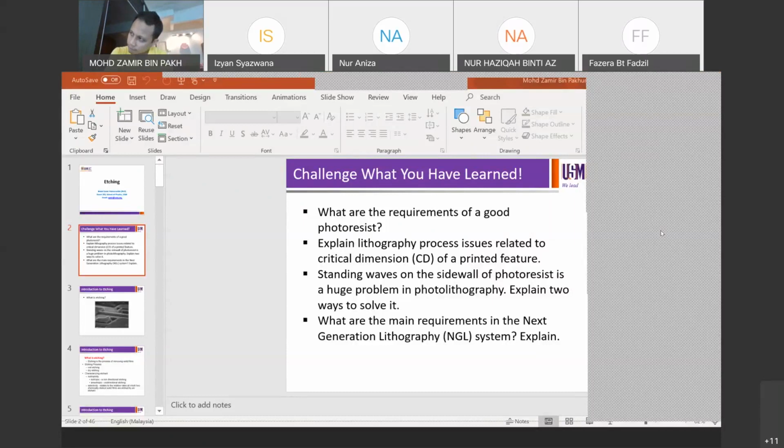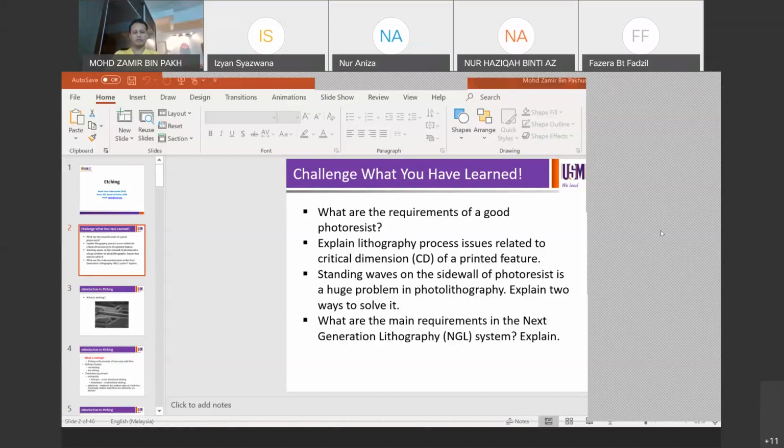So defects due to the development process? Yes, during the develop step it becomes unstable, so it becomes over or underdeveloped. Okay, so it's either underdeveloped or overdeveloped, right? All right, good.